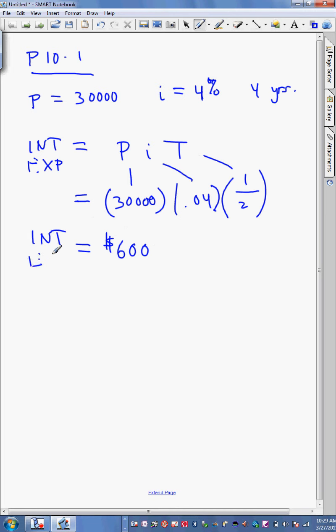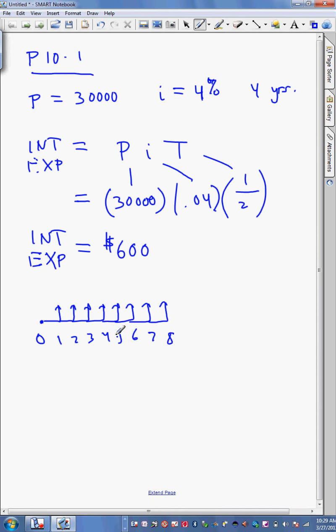Okay, so what this means is the investor is going to get 8 different $600 payments over the course of 4 years, every 6 months. 1, 2, 3, 4, 5, 6, 7. There we go. Okay, so there's 0, 1, 2, 3, 4, 5, 6, 7, 8.